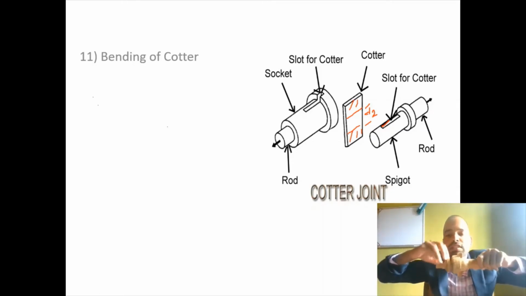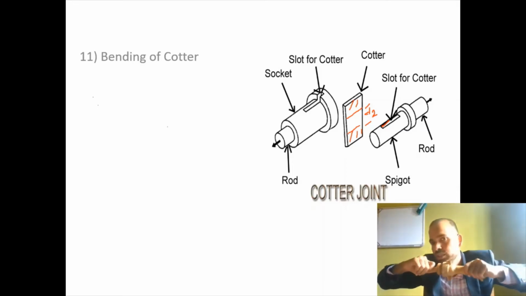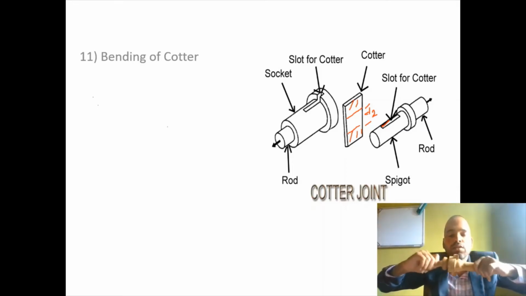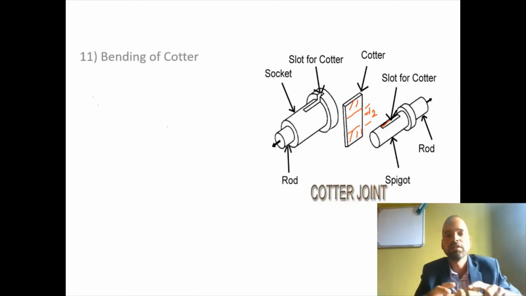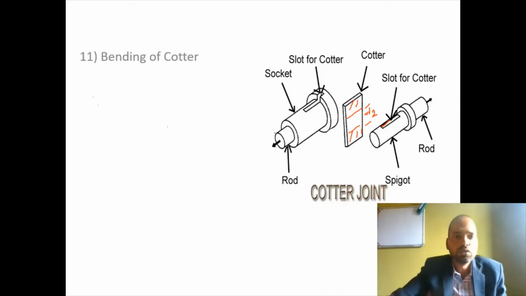The portion inserted into the spigot will try to pull it here, and the portion inserted into the socket will try to pull it here. Due to that, the quarter will be subjected to bending stress and it will try to bend. So due to that bending failure, the quarter will be subjected to bending stress.